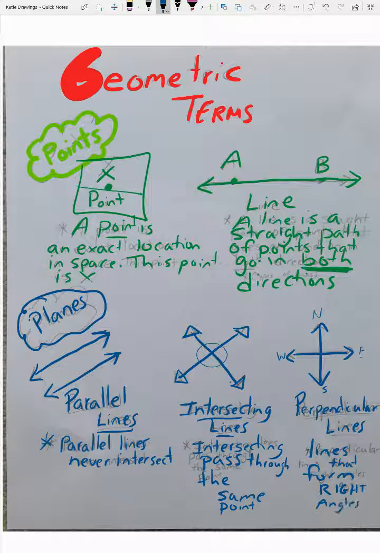Those are angles at 90 degrees. When they have a little square drawn, that just means the angle is a 90-degree angle. We'll talk more about angles on Thursday, so that'll help us remember that perpendicular lines have a 90-degree angle.